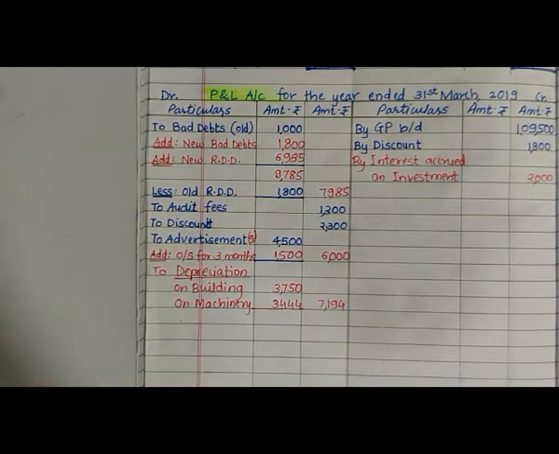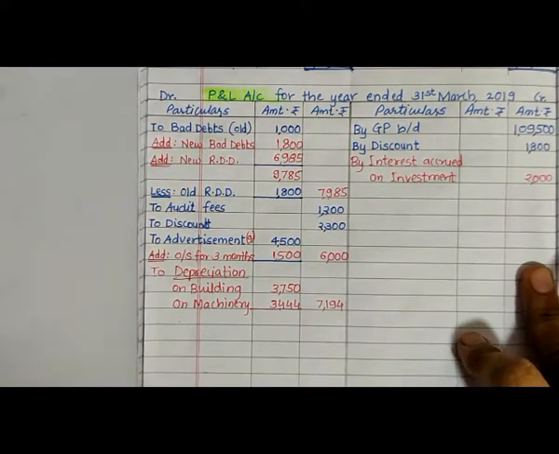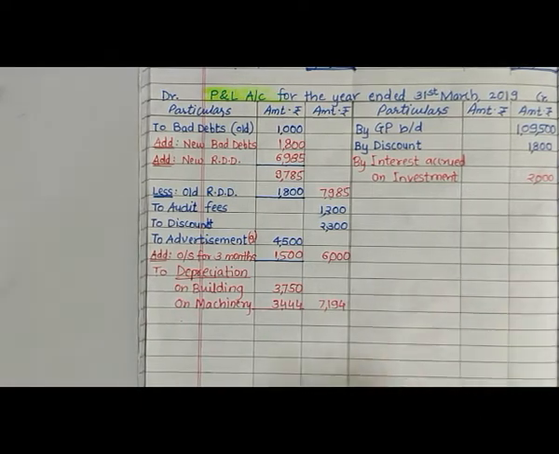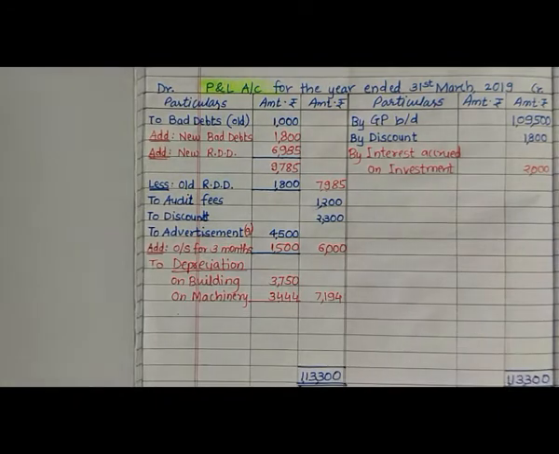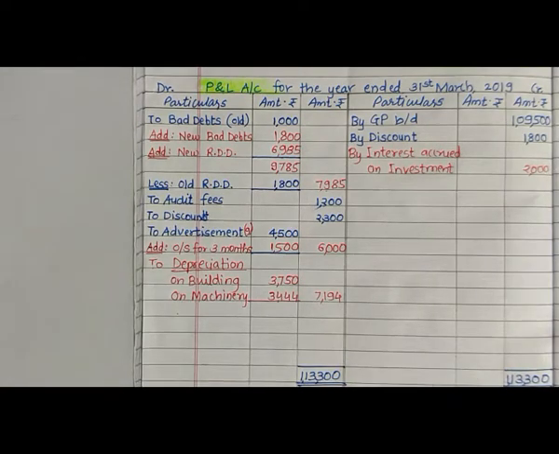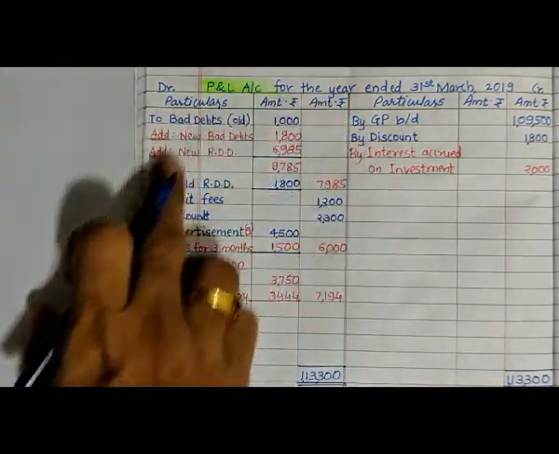In this question, the credit side of the profit and loss account is heavy, so there is net profit earned by the business in this financial year. The total of credit side is 1,13,300 that we need to record to both the columns of profit and loss account. From this, we will deduct the total of profit and loss account debit side.